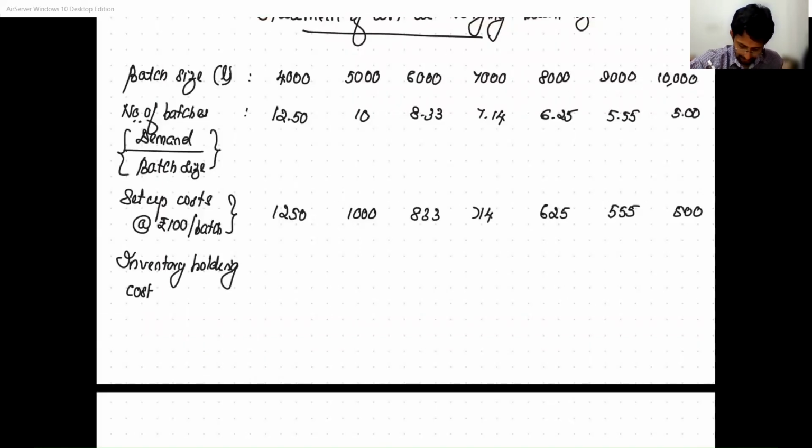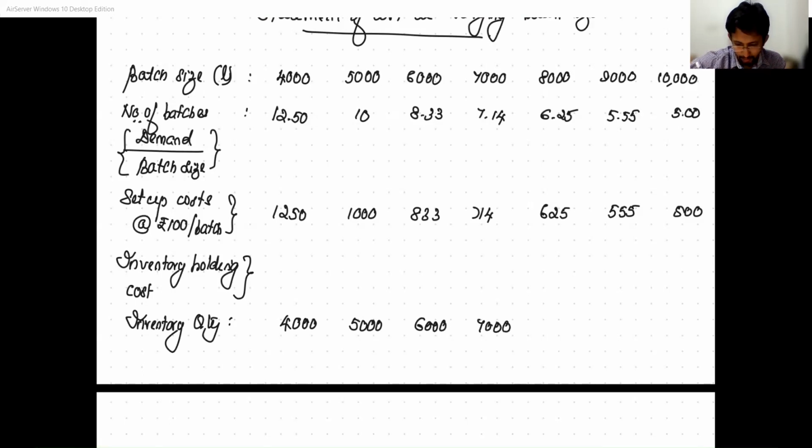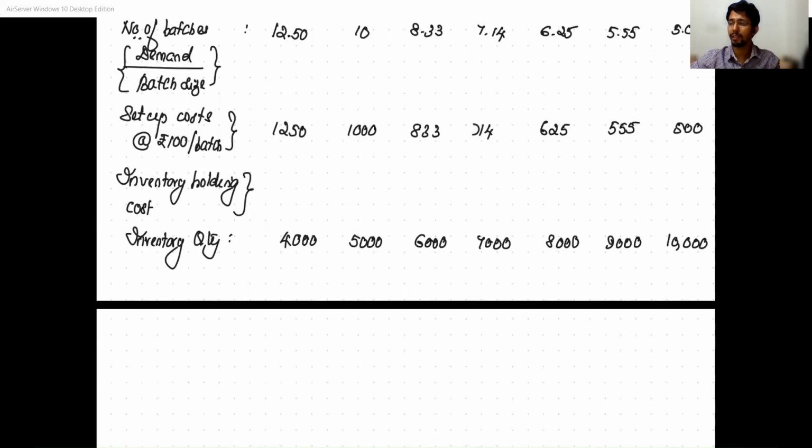Inventory size is nothing but the batch size itself. Inventory quantity: 4,000, 5,000, 6,000, 7,000, 8,000, 9,000, 10,000. Okay, now that is the inventory quantity.